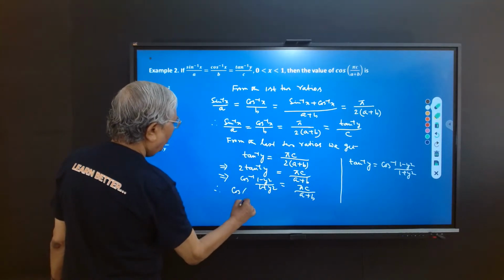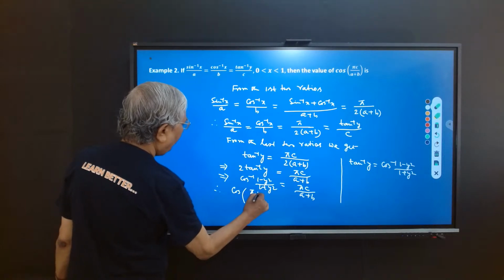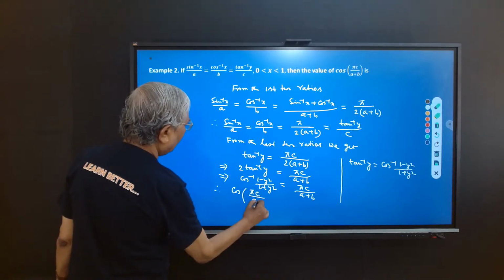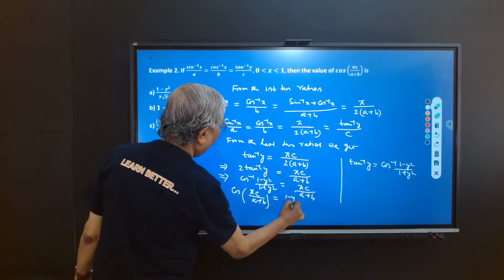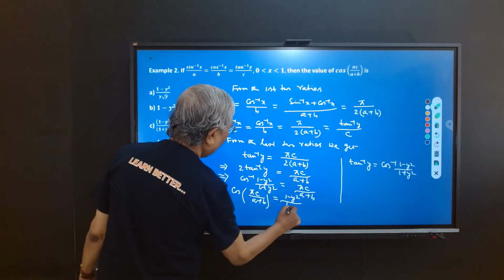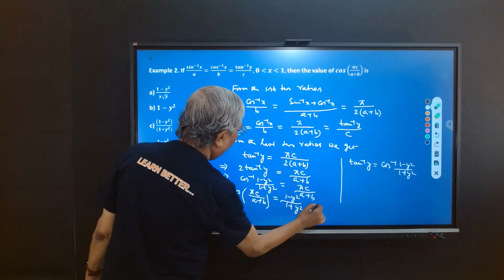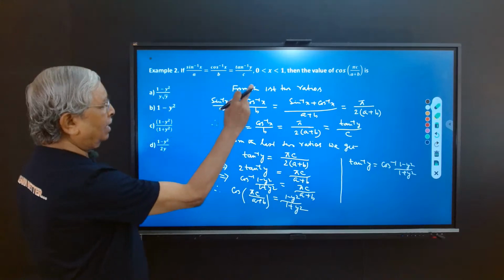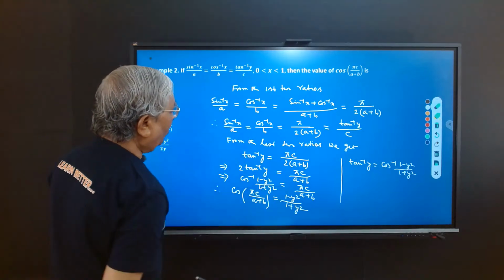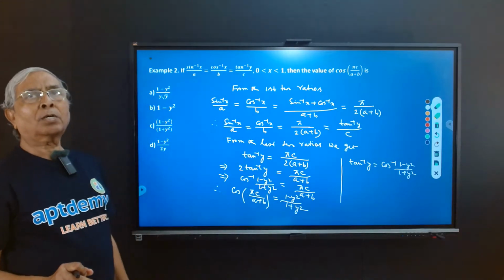Cos of pi C by A plus B equals 1 minus y square by 1 plus y square. What you are given is the value of cos of pi C by A plus B, and we got 1 minus y square by 1 plus y square.